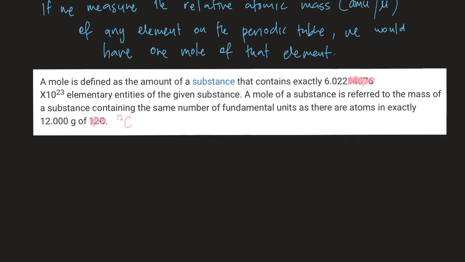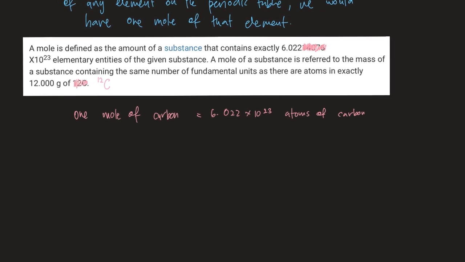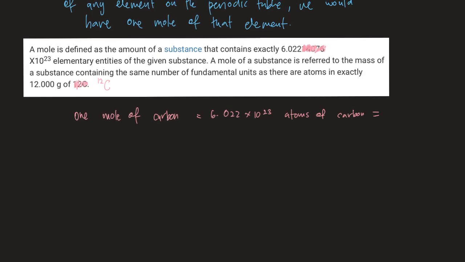So what we're saying is that if I had 1 mole of carbon, okay, that means I had 6.022 times 10 to the power of 23 atoms of carbon. Then I would have a mass of 12 grams.